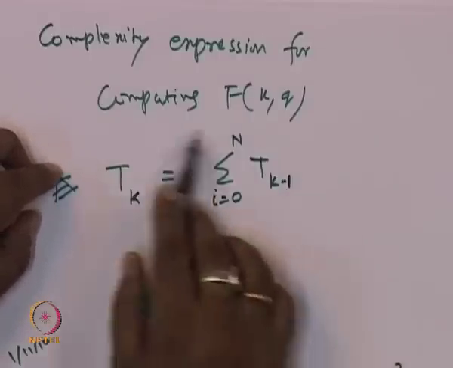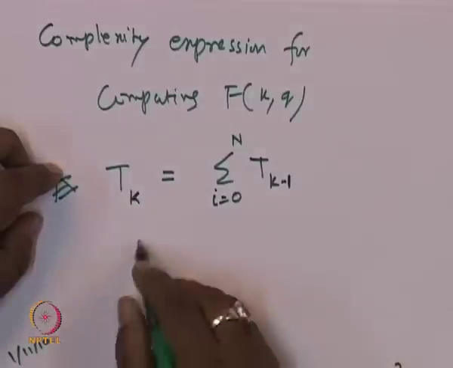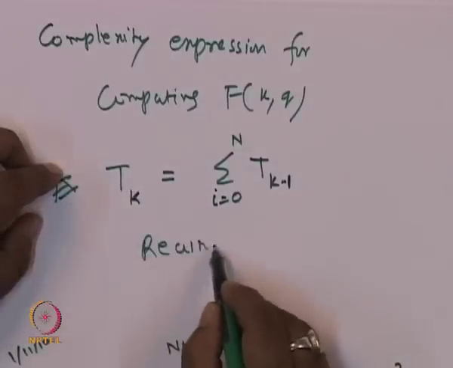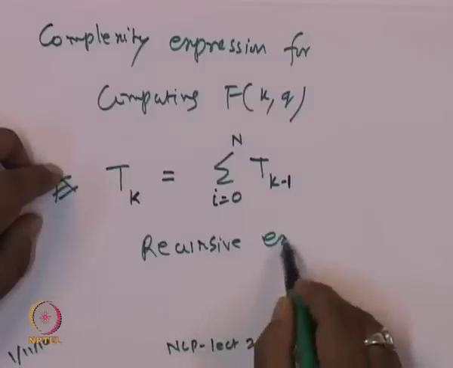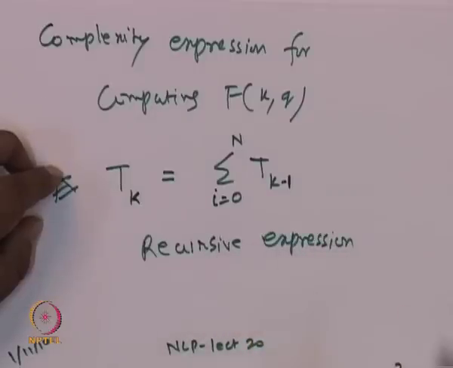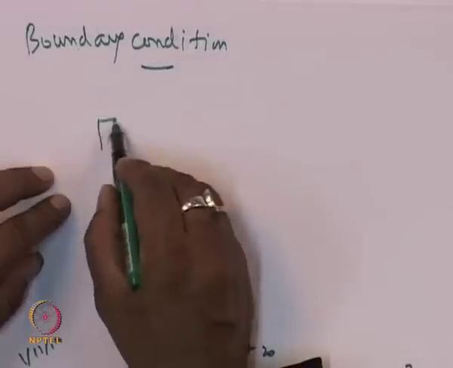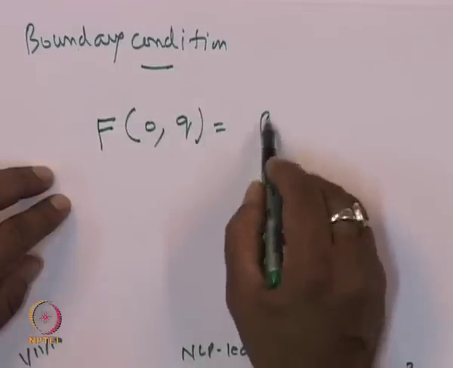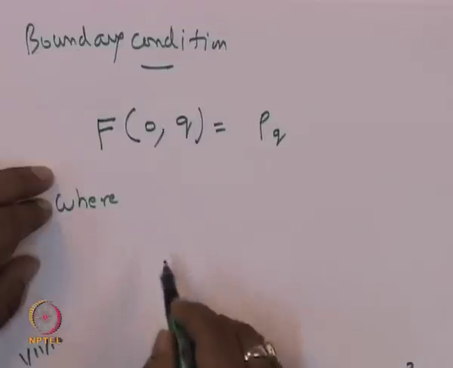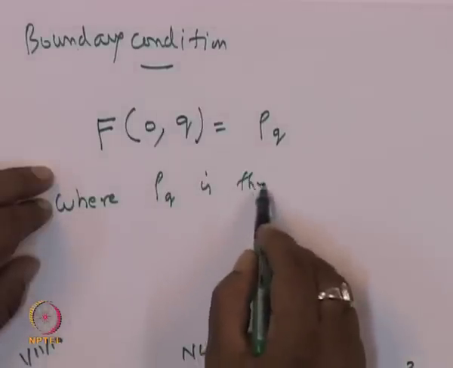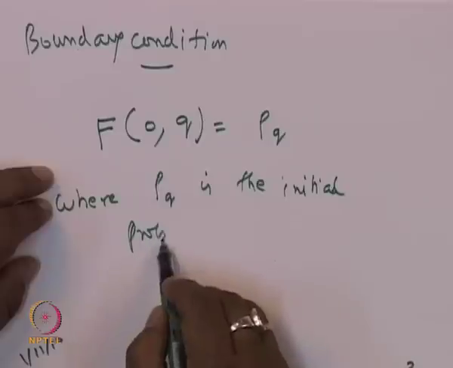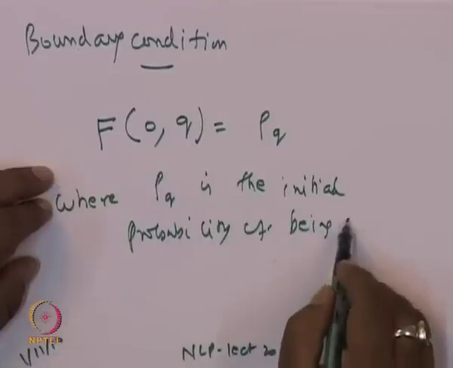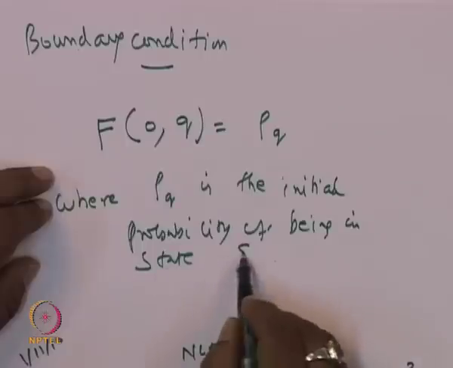Okay, so this is in terms of a recursive expression, and we can write the boundary condition as f(0, q) is equal to p(q), where p(q) is the initial probability of being in state S q.